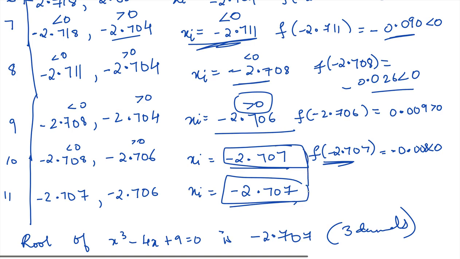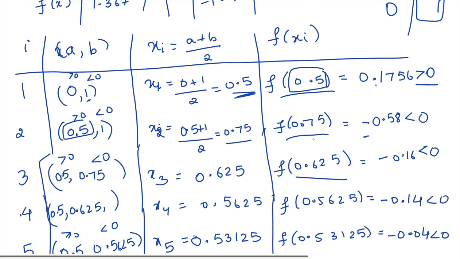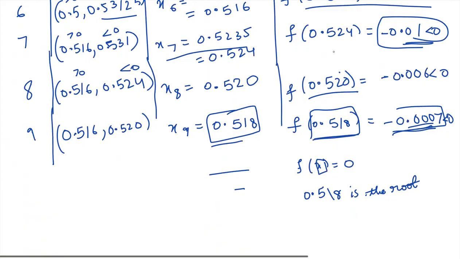So the values are almost the same, so we can say this is the root. Or if f of that value is giving us 0, then also we can say this is the root in the bisection method. So 0.518 is the root of cos x minus x e power x.